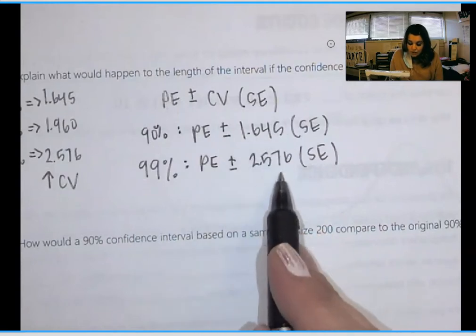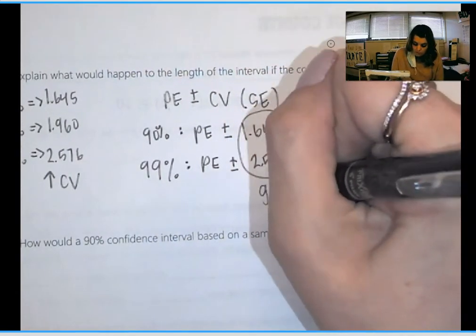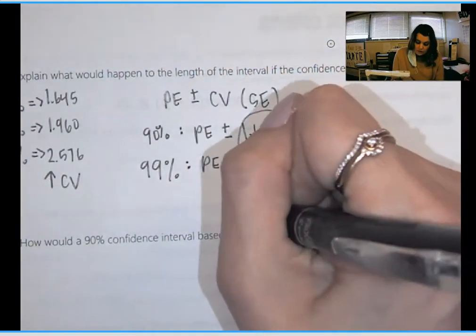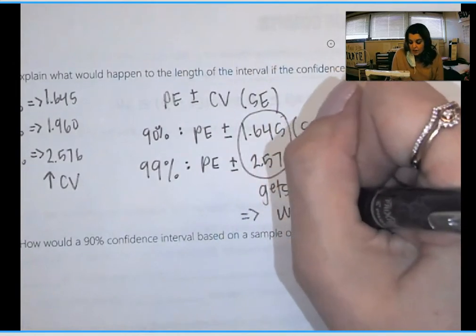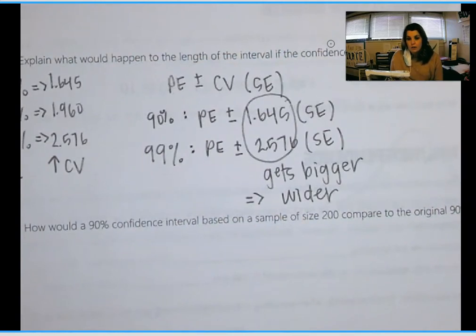Notice that your critical value gets bigger. So that means that your interval gets wider.